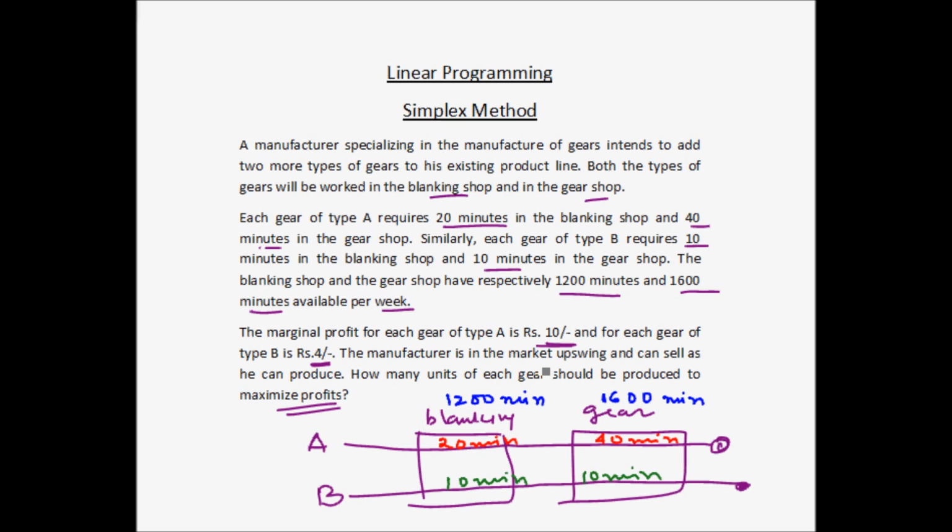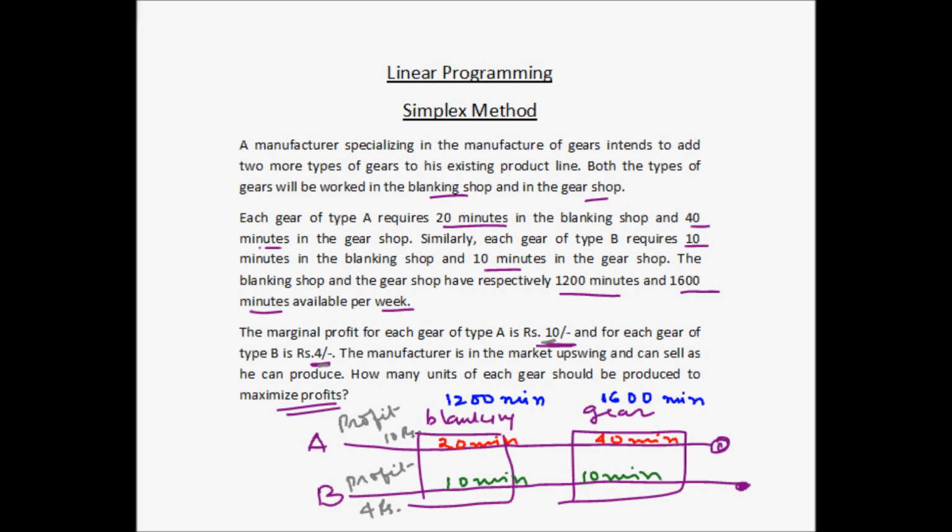Also, we have been given that each gear of type A generates a profit of rupees 10, while each gear of type B generates a profit of rupees 4. So type A generates a profit of 10 rupees each, and type B generates a profit of 4 rupees each.